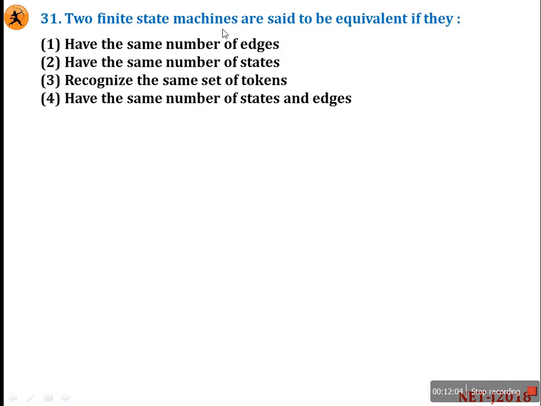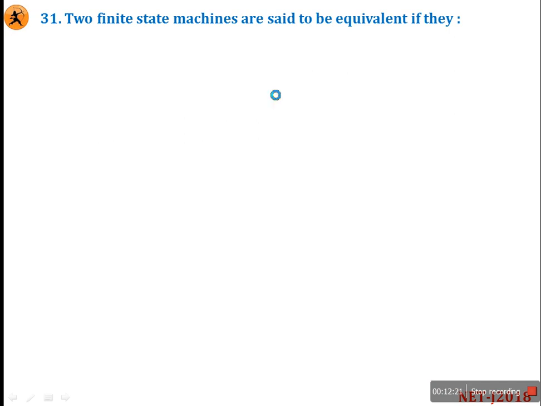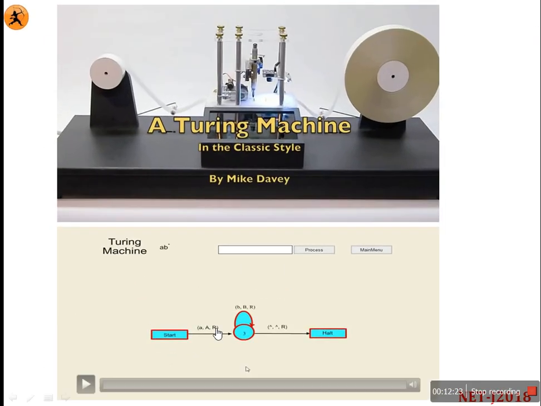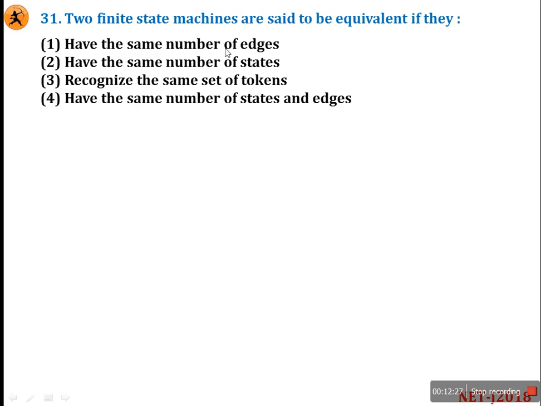Two finite state machines are said to be equivalent. What does that mean? If you take two finite state machines, like a DFA, being said to be equal means they have the same number of edges, and also the same number of states, maybe, maybe not.